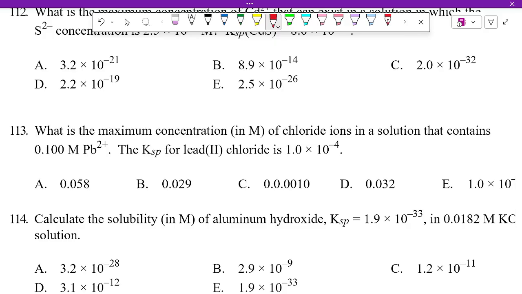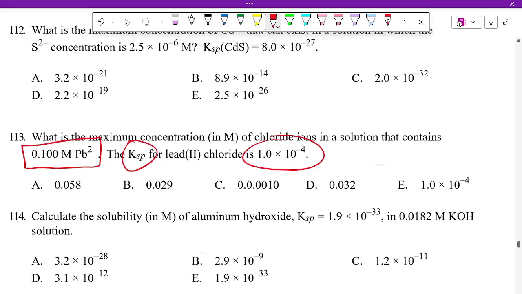What is the maximum concentration of chloride ions that a solution can contain with 0.1 molar lead? So we know the concentration of lead, and we know that KSP is 1 times 10 to the minus 4.